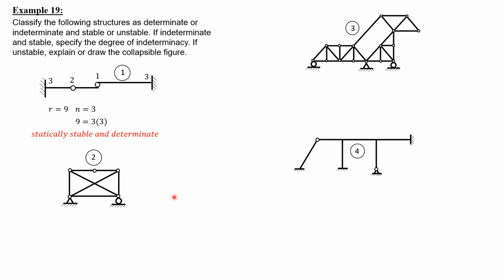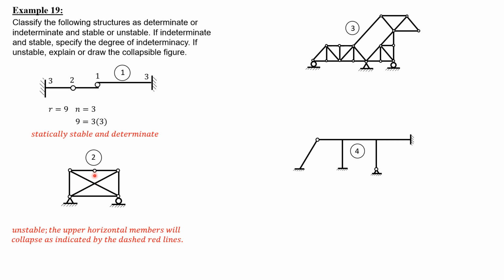For the second problem, this is a truss. By just looking at the top two members, if a vertical load is applied at this joint, it will collapse by the collapsible configuration shown. That is unstable because there are three hinges and one is unsupported, especially this middle hinge.